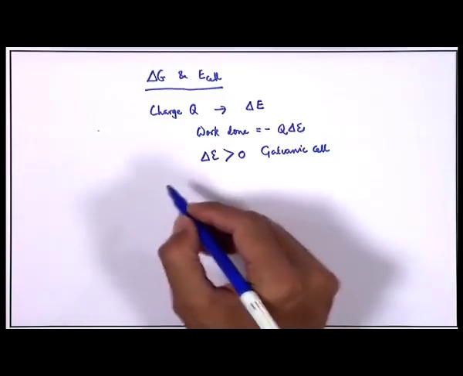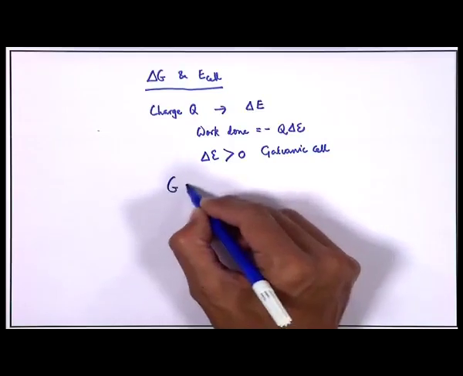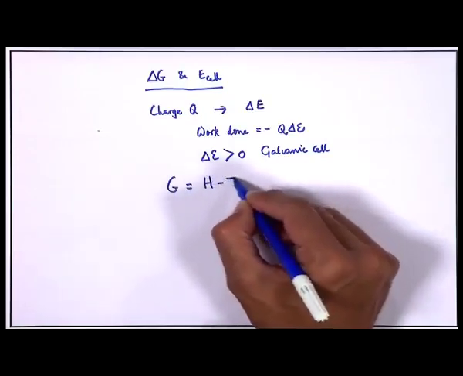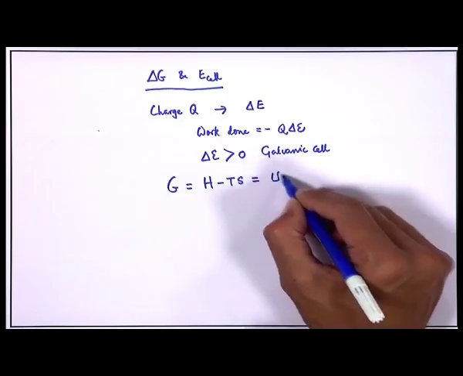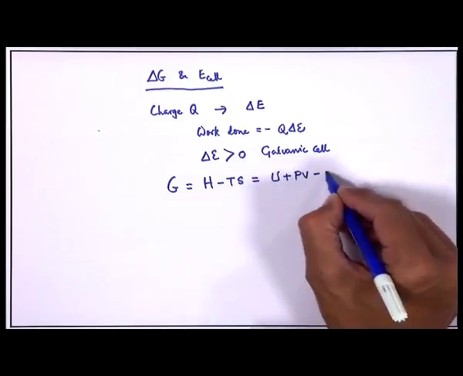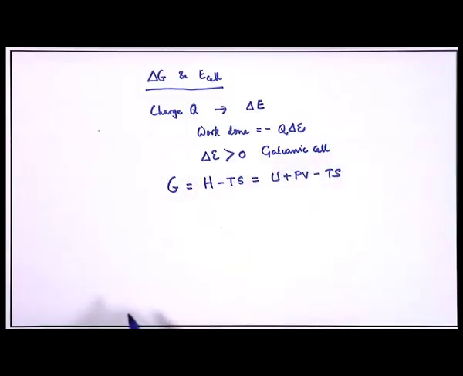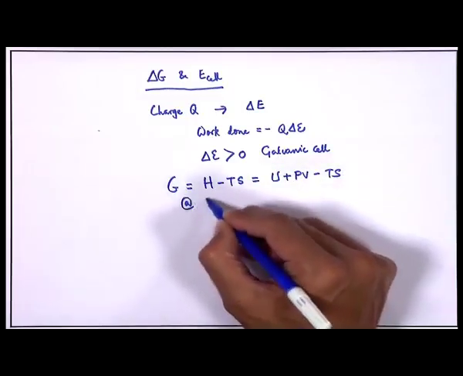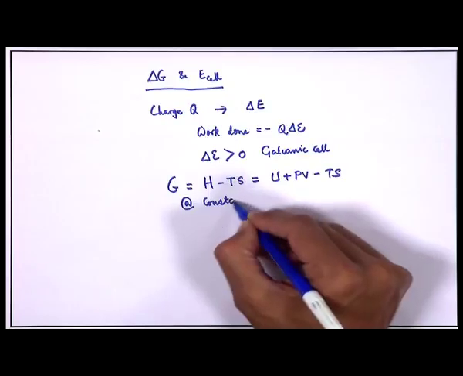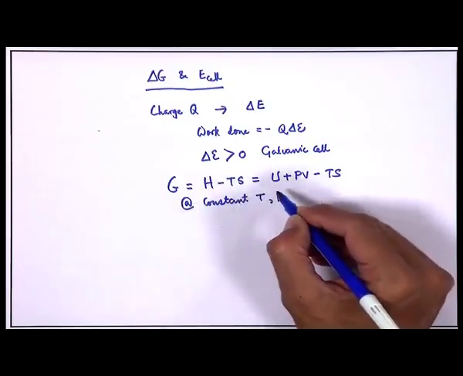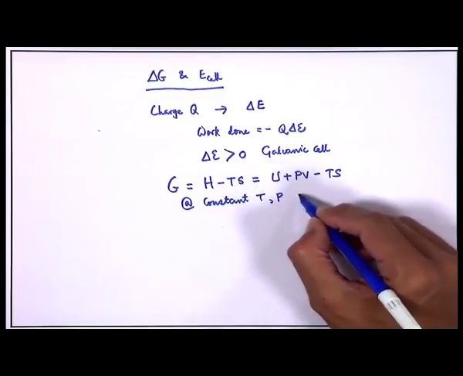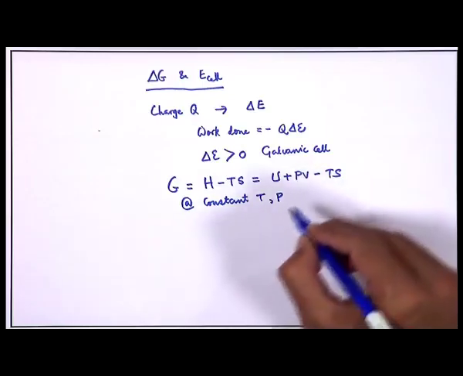Now, let us write the expression G is equal to H minus TS, then G is equal to U plus PV minus TS at constant temperature and pressure. So, this is the usual case for electrochemical cells.